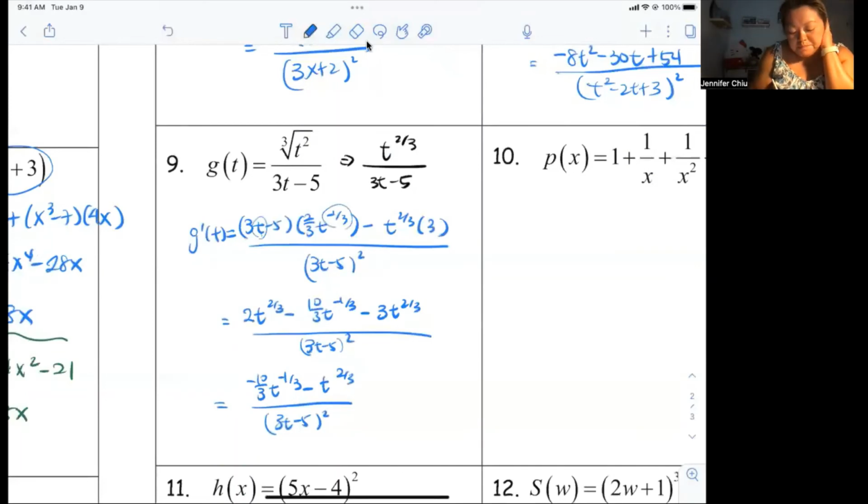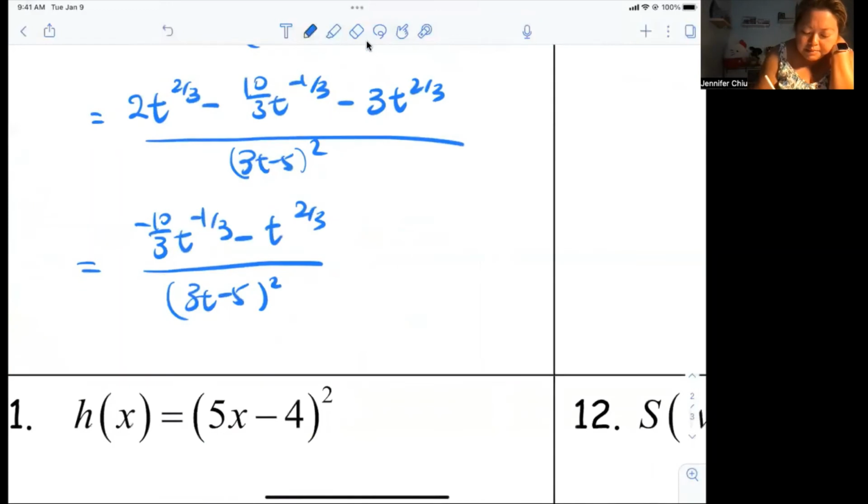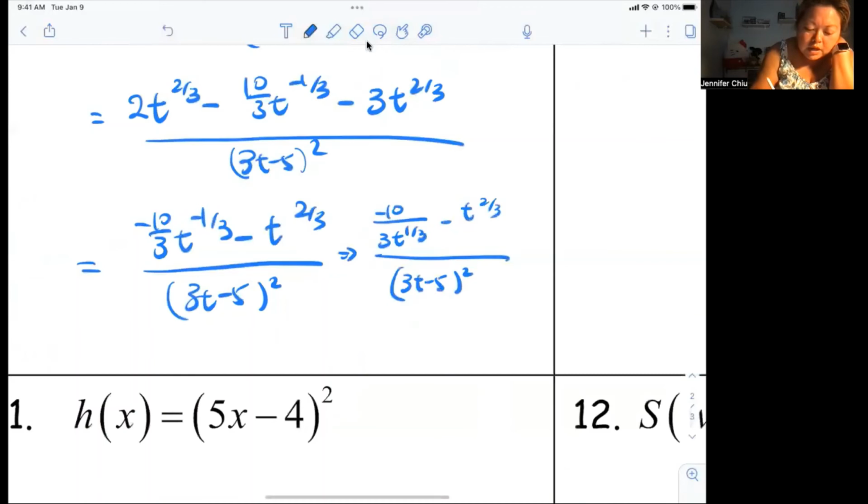Yeah, so again, if you could, you really should try to clean this up. You will clean up and get negative 10 over 3t to the 1/3 minus t to the 2/3 all over 3t minus 5 squared. To get the top into one fraction, you multiply the right-hand side here by 3t to the 1/3 over 3t to the 1/3.